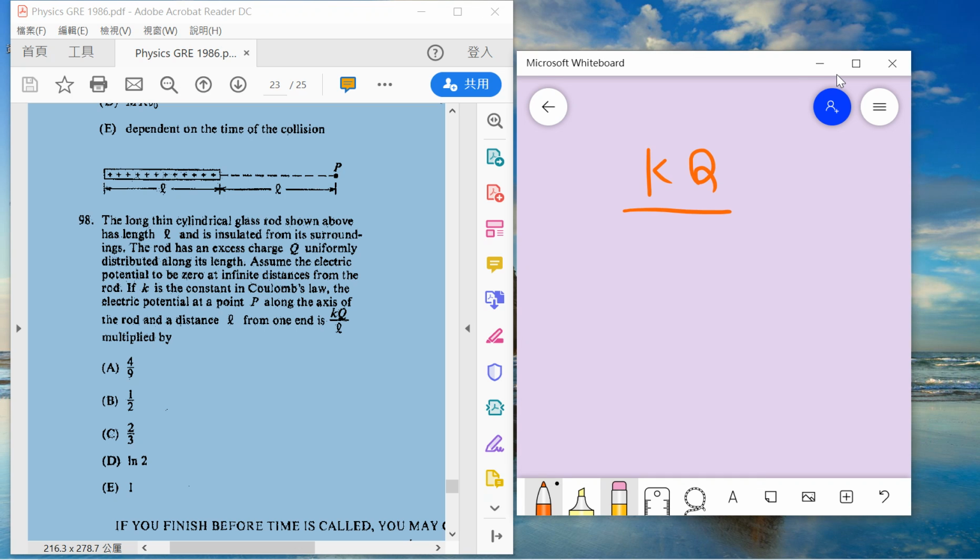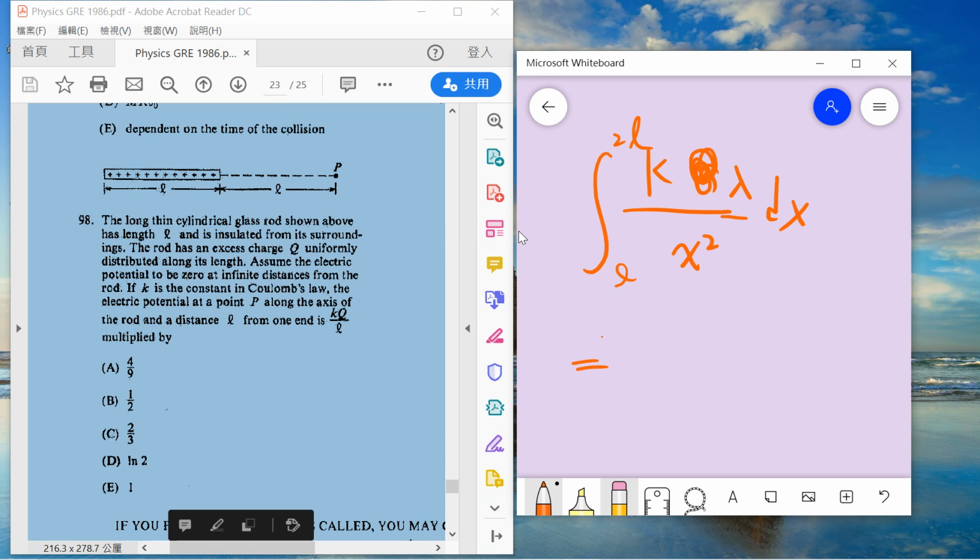The electric potential is K lambda over x squared, I should write, from L to 2L. So lambda is the density. So we should have lambda L equals Q. Okay, and so this asks you about what?